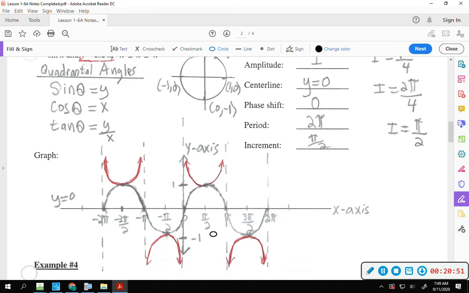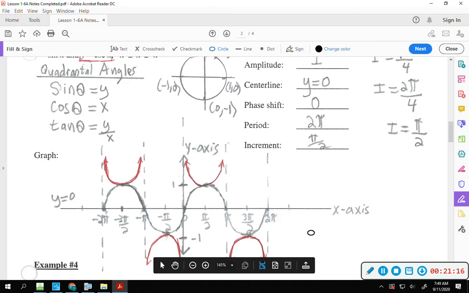Cosine curve starts either above or below the center line at the phase shift. If we have a positive amplitude coefficient, the cosine starts above. We just did one. If I wanted to graph y equals negative cosine of x, it would just be reflected in the x-axis. We'd start down at negative 1 and go this way. It's all about knowing how to start the curve.